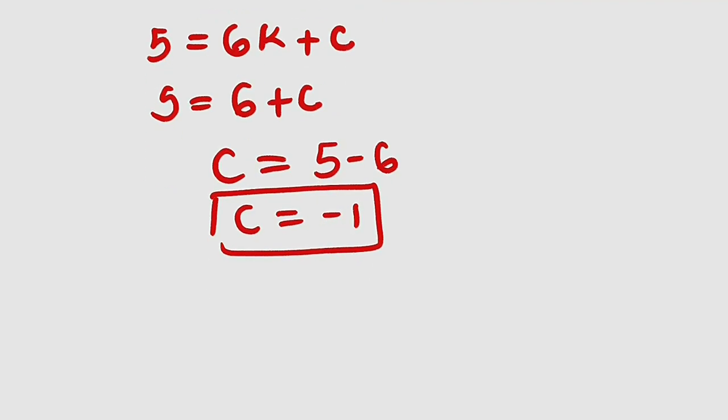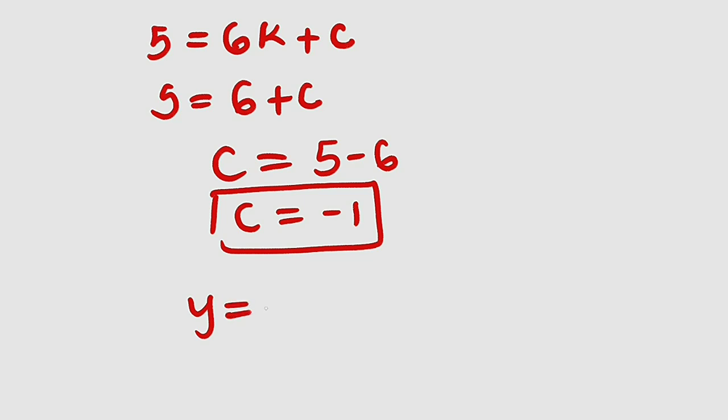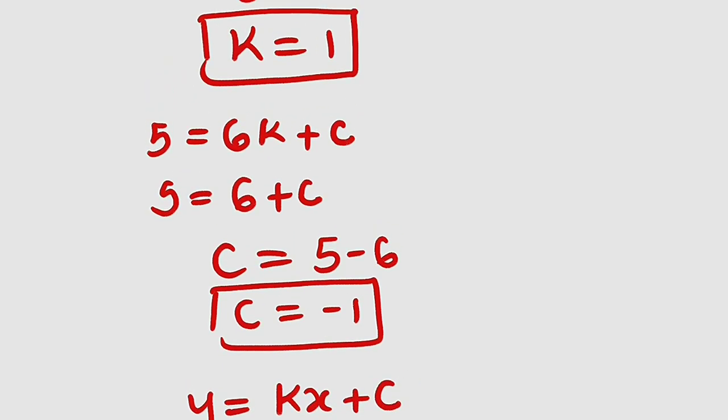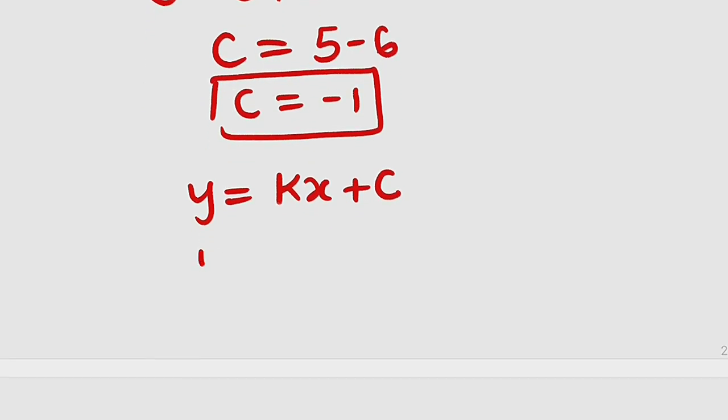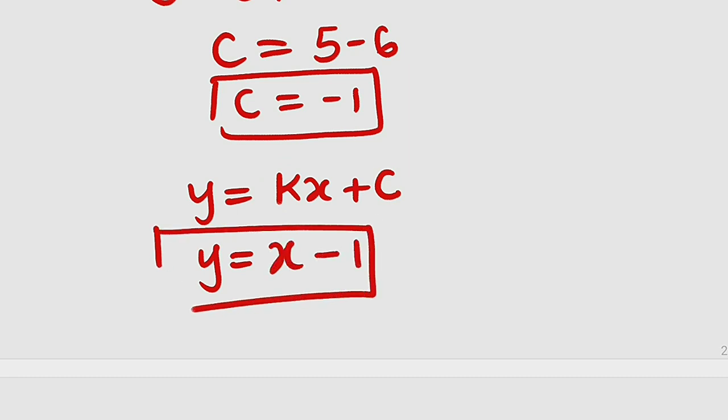Then we plug them back. Remember, the relationship is y equal to kx plus c, for which k is 1 and c is negative 1. So we have y equals 1 times x is x, then c is negative 1. So this is the relationship between y and x.